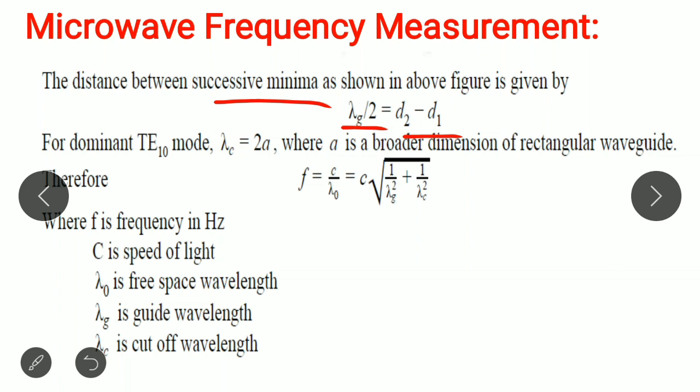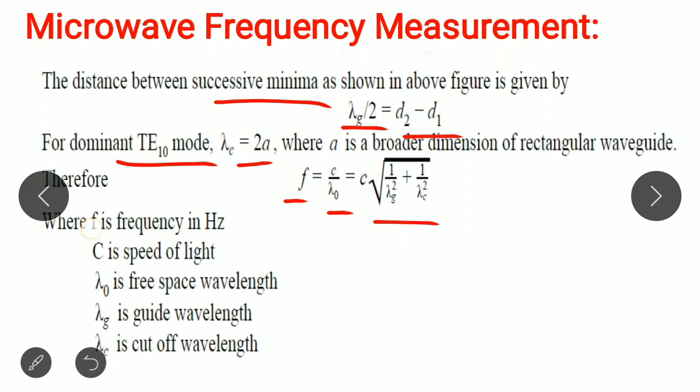For the dominant mode, we know that lambda c, the cutoff wavelength, equals twice a, where a is the broader dimension of the rectangular waveguide, and therefore f equals c by lambda 0, which equals c times under root of 1 upon lambda g square plus 1 upon lambda c square.